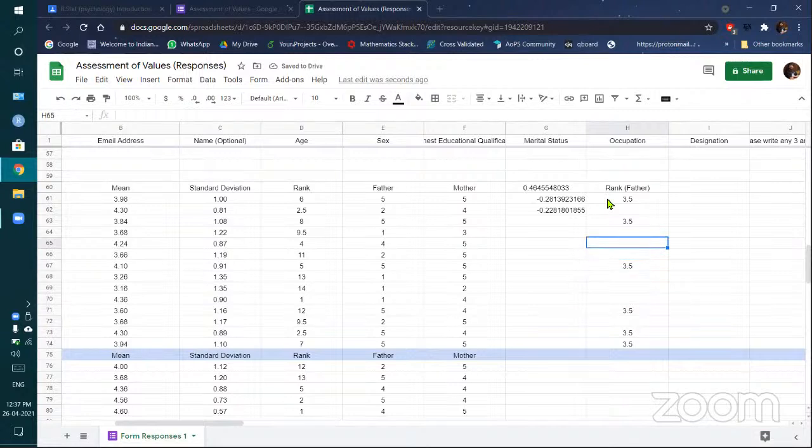Then 4 is 1, it is 7. So there are no 3s here. So the next one will be 2.